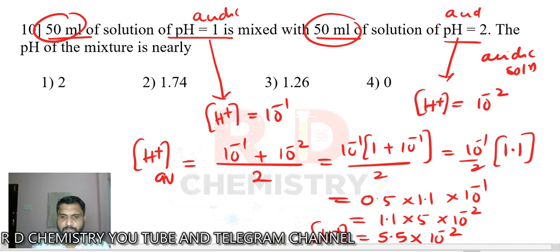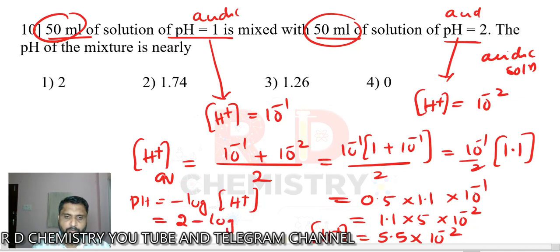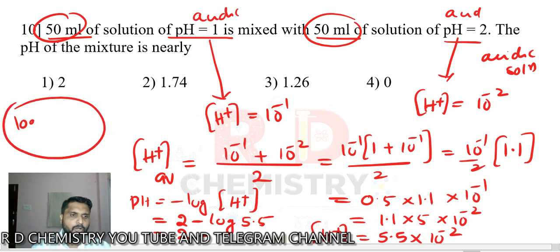So that is the H plus ion concentration. Now you have to calculate pH. How to calculate pH? pH is equal to minus log of the H plus ion concentration. So directly what I'll do now, so that power becomes 2 minus log of 5.5. I know log 5 is approximately 0.6990. So what I'll do, 5.5 approximation I'll do.